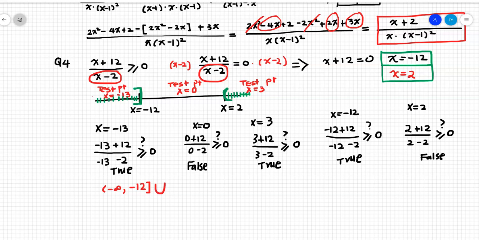Union, because we have another shaded region: from 2, which is not included, going all the way to positive infinity, which is not included. This is our answer in interval notation.